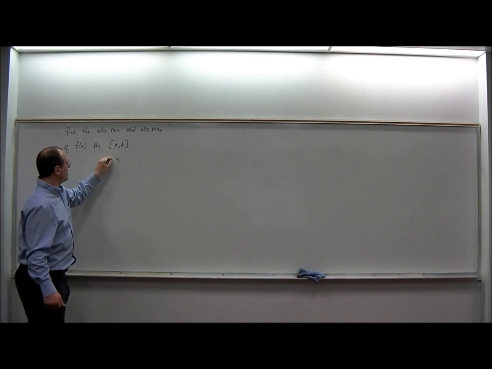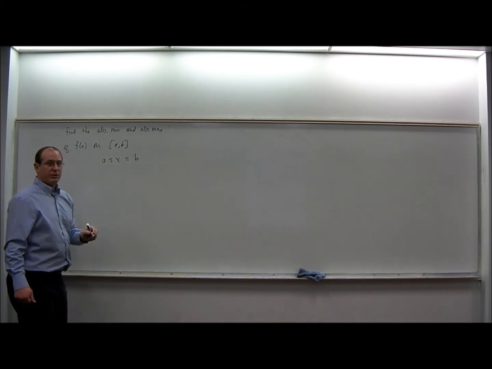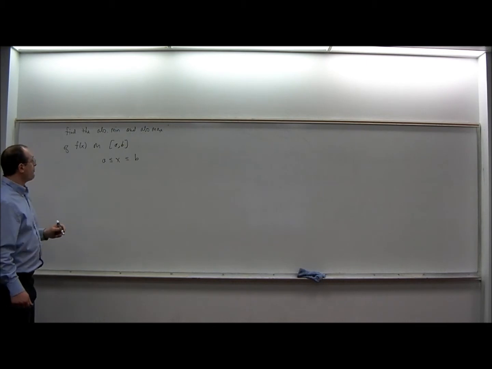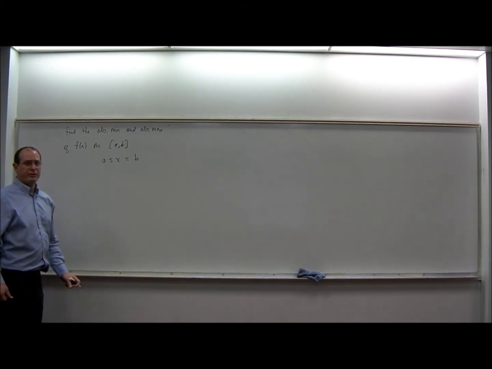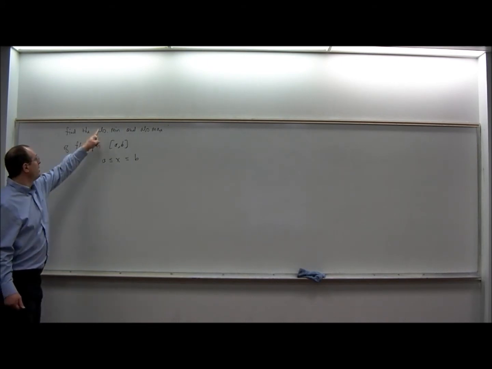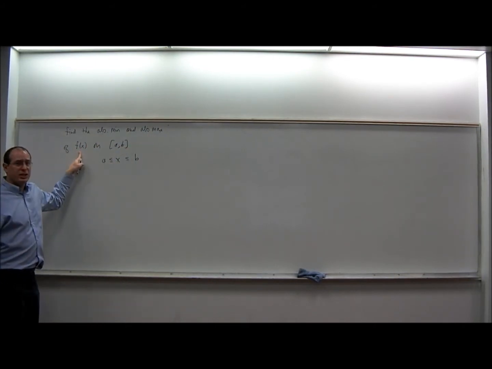That means that x is going to be bigger than or equal to a and less than or equal to b. The closed interval a to b. So the method to solve this problem is called the closed interval method. And the extreme value theorem tells us that this problem has a solution. It has an absolute minimum and an absolute maximum if the function is continuous.